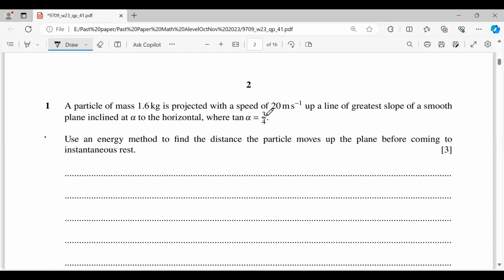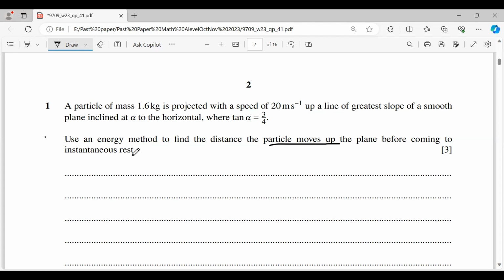We have to find sine alpha and cosine alpha, but later. Use an energy method to find the distance the particle moves up the plane before coming to instantaneous rest.